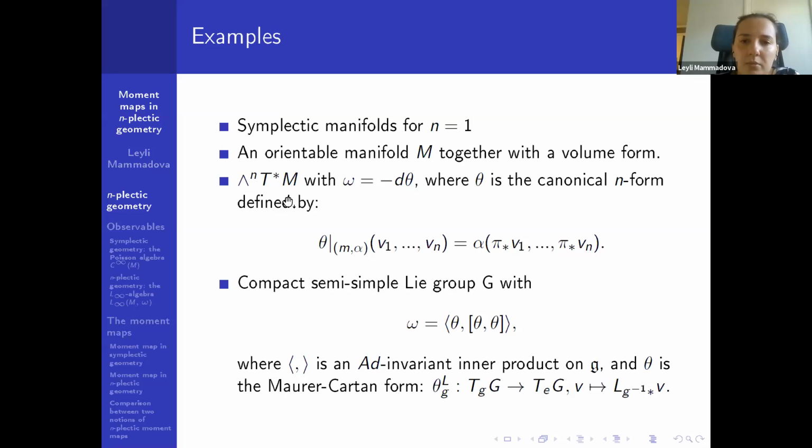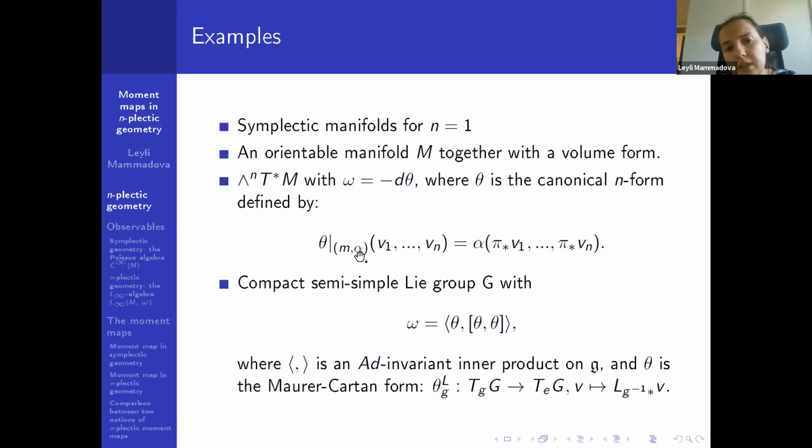So the next class of examples generalizes the canonical example of a symplectic manifold. So what's going on here? We take the wedge n of the cotangent bundle of our manifold, and it turns out that this comes equipped with a canonical n-form defined in the following way.